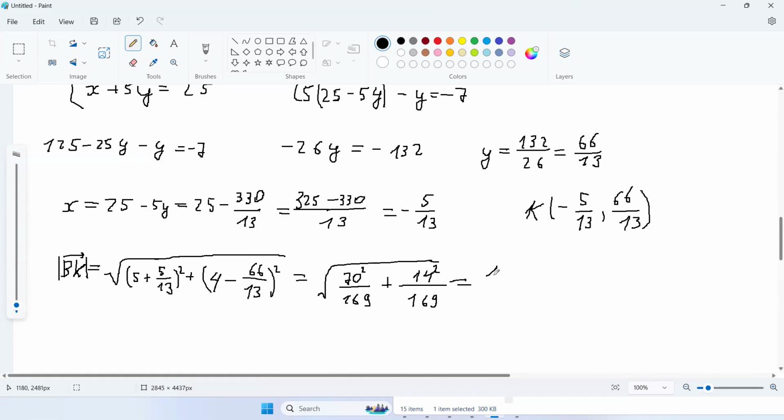And moving 1 by 13 out of the square root. By the way, 14 to the power of 2 is 196.